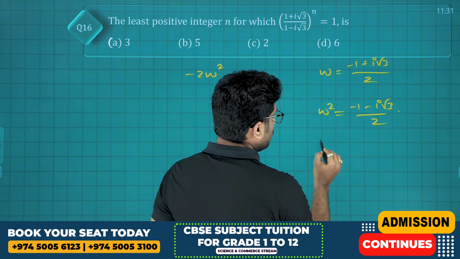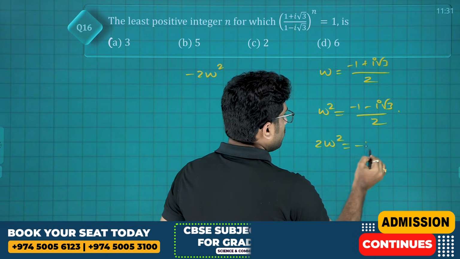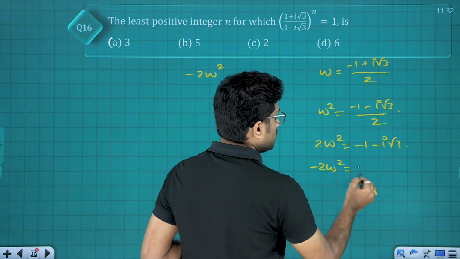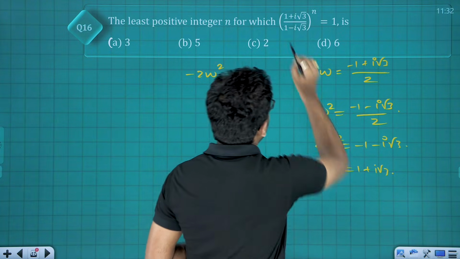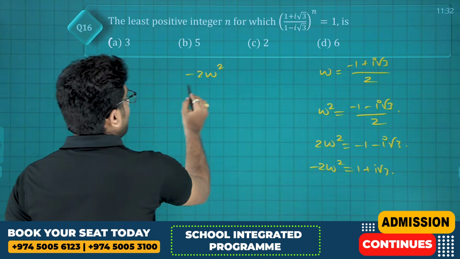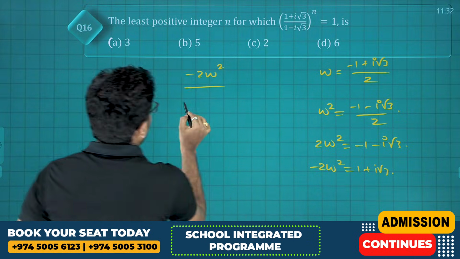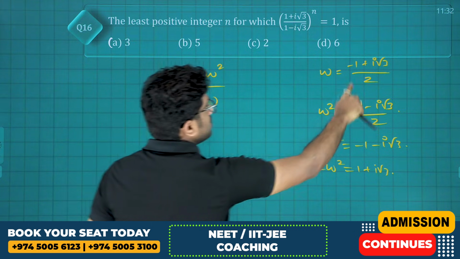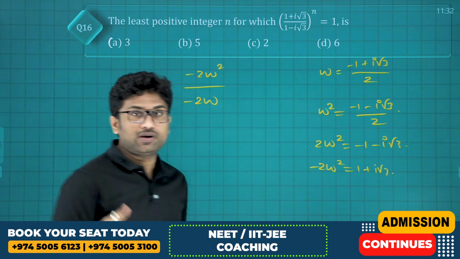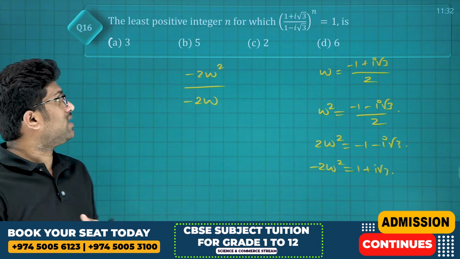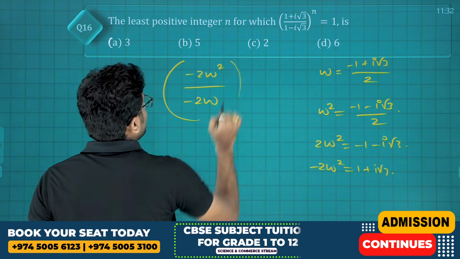If I multiply with 2, 2 omega square is equal to -1 - i root 3, and -2 omega square is equal to 1 + i root 3. Divided by this is -2 omega, correct? Because omega is (-1 + i root 3)/2, 2 omega is -1 + i root 3, -2 omega is 1 - i root 3, whole raised to n.